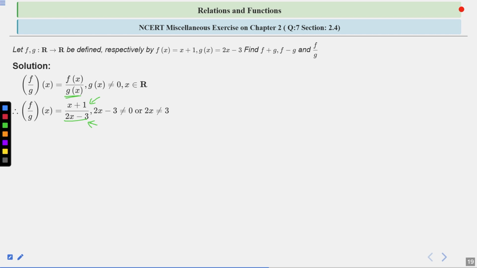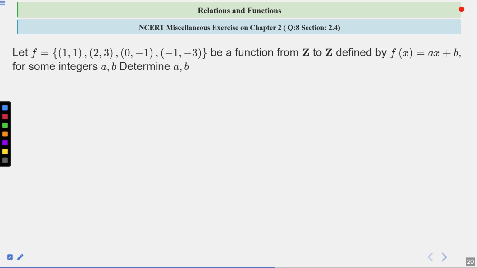So we just look for the x value where we get the denominator 0, and we exempt that value from the domain. So 2x - 3 is not equal to 0, which means x cannot be 3/2. So f by g(x) is simply (x + 1)/(2x - 3), with x not equal to 3/2. Clear?